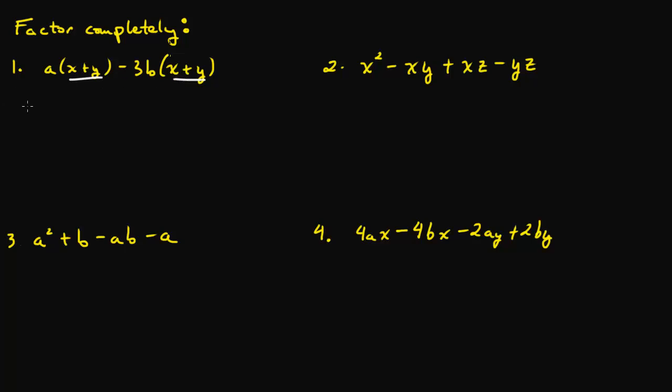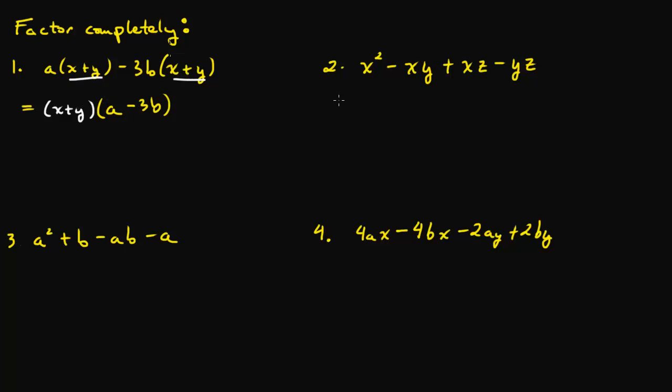Since x + y is a common factor, I can common factor x + y out, and rewrite this as (x + y)(a - 3b), where all that I've done is common factor out x + y, and that's fully factored. So here I didn't even need to group any terms because x + y was just a common factor.